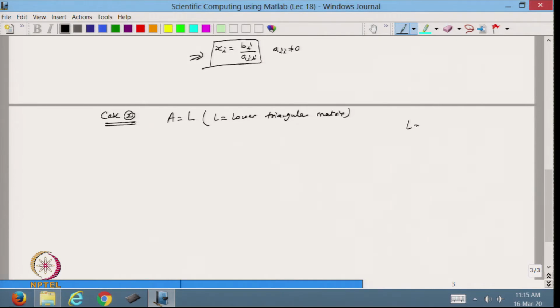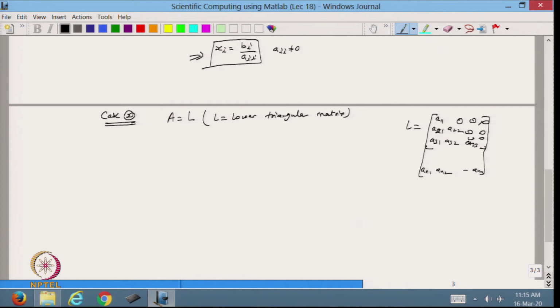Lower triangular matrix means I have A11, A21, A22, A31, A32, A33, and if I extend this, the last row will be AN1, AN2 up to ANN, and all other terms will be 0.